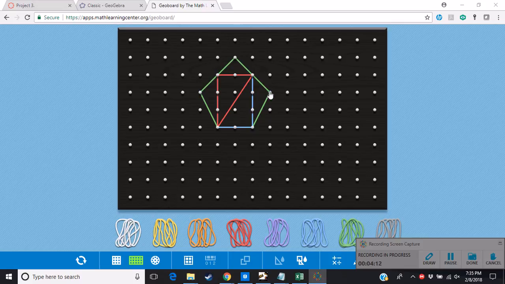And here, you see that it goes 2 up and 2 over, which means that this is the square root of 8, which reduces to 2 times the square root of 2. Now I have 2 of these, which makes that 4 times the square root of 2. Put it all together, and the perimeter of this pentagon is 2 plus 2 times the square root of 5 plus 4 times the square root of 2.